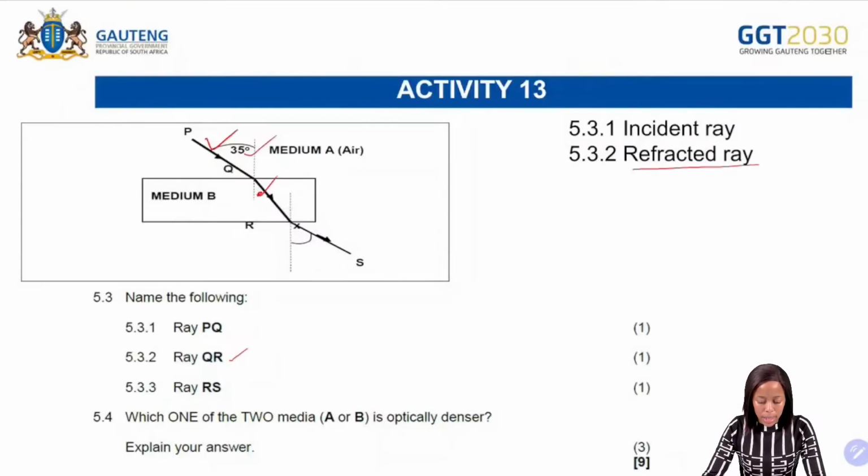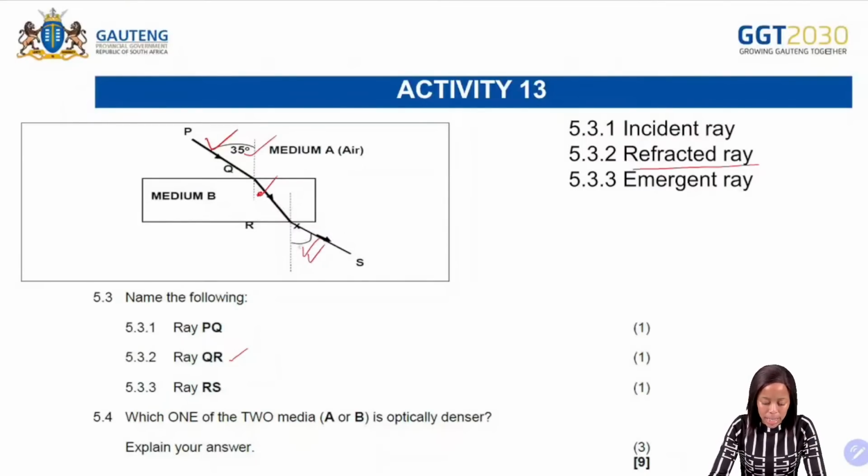And then ray RS, we said this is the angle of emergence there. So therefore that will be the emergent ray. So they go hand in hand: angle of emergence, emergent ray, and refraction angle, therefore the refracted ray, angle of incidence, therefore the incident ray there.